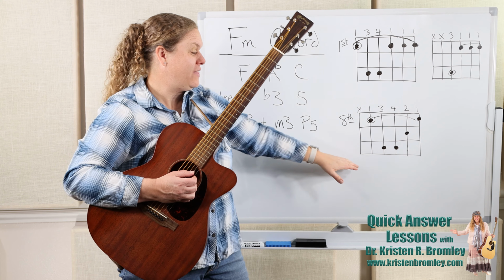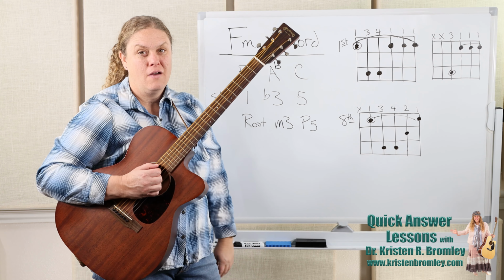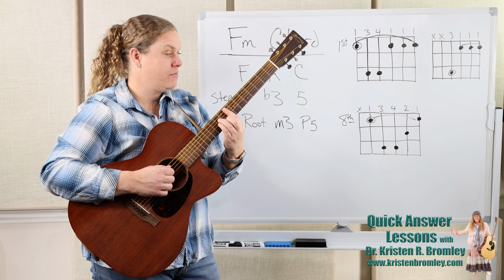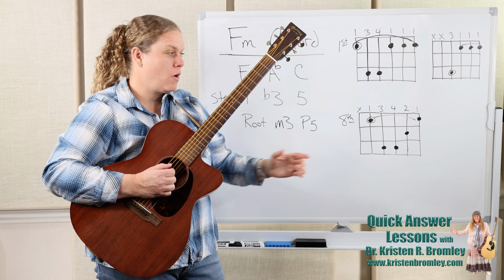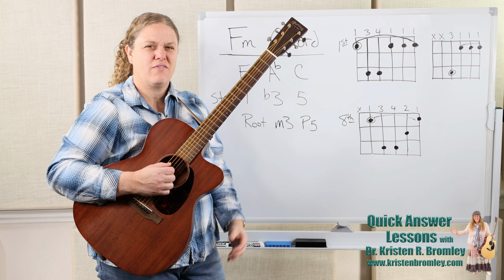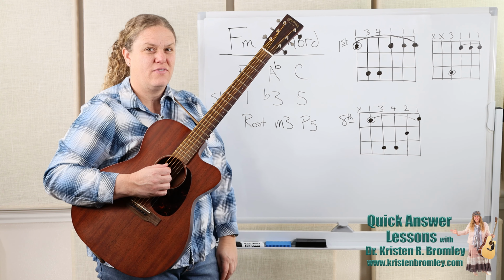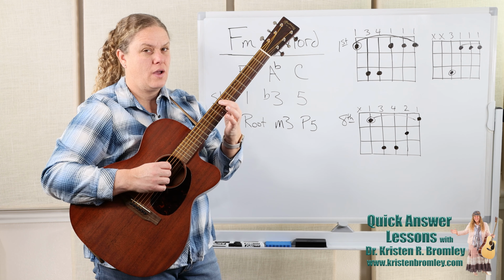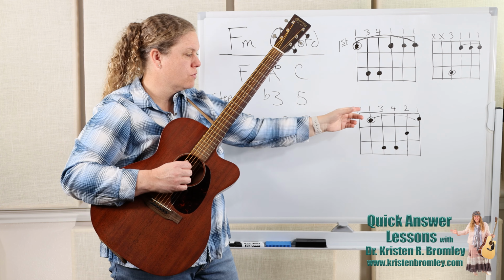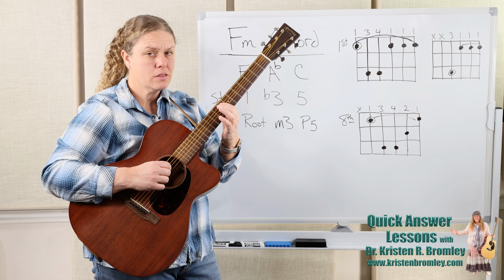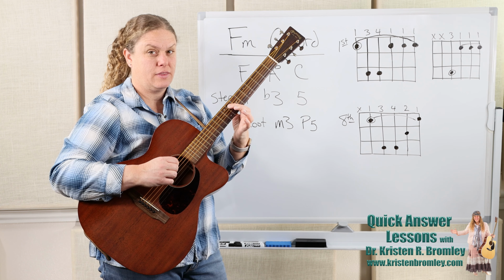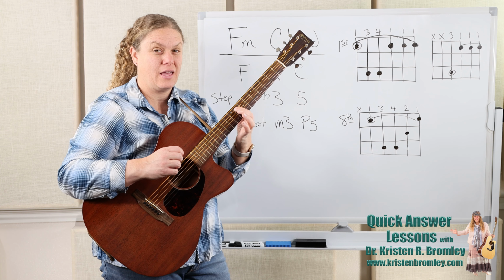Okay, we'll look over at the other main voicing that we use for F minor. With this one, we're barring at the 8th fret, and this one's a 5th string form because our index is on the 5th string, where the lowest root is. This is an F on the 5th string at the 8th fret.